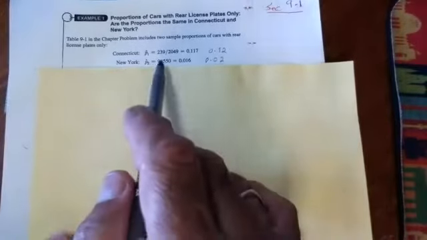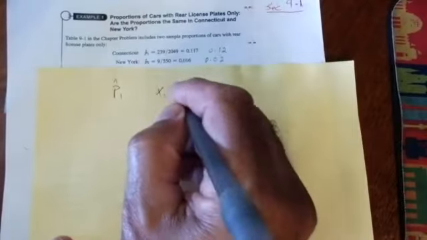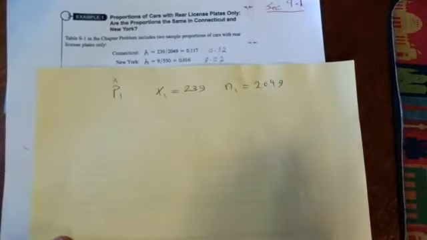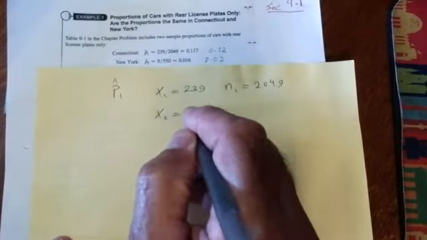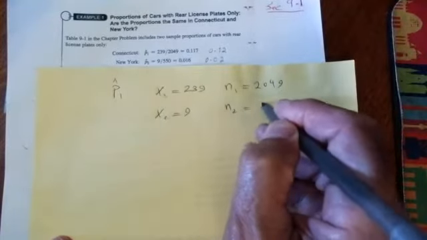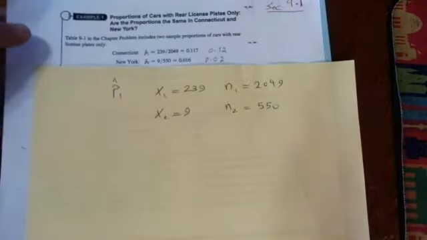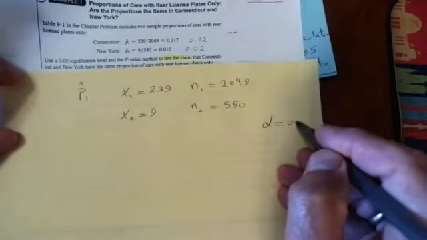So on the first one, they're saying that X1 is 239 and N1 is 2049. That's for Connecticut. And then for New York, X2 is 9 and N2 is 550. So this information is given, okay? And alpha, the significance level, is given as 5%.